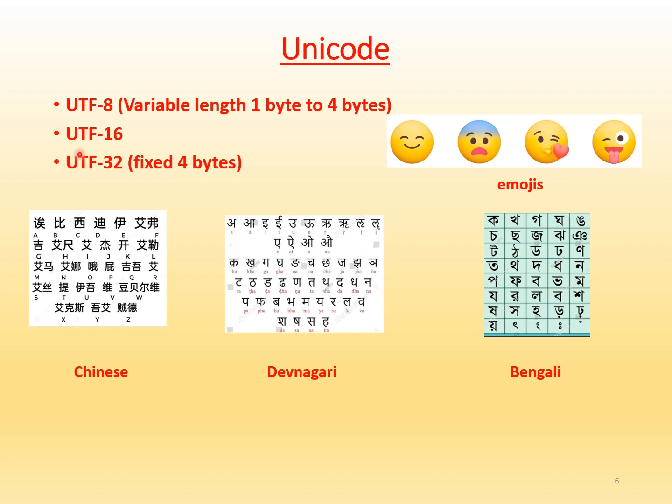Then the UTF-16 format is also there. Then the UTF-32 format is also there. This UTF-32 format is fixed length, 4 bytes. In this format, all the languages have a fixed size code word. So English is also 4 bytes, other languages also 4 bytes.